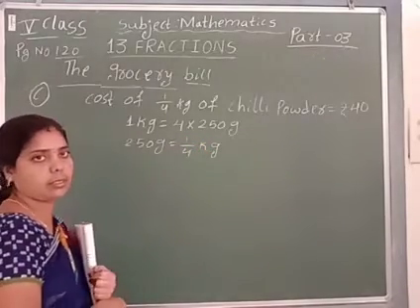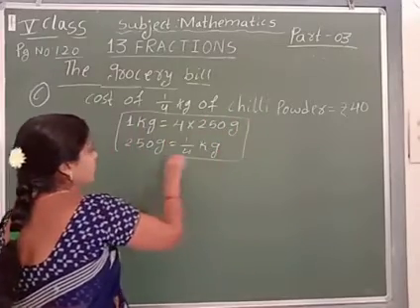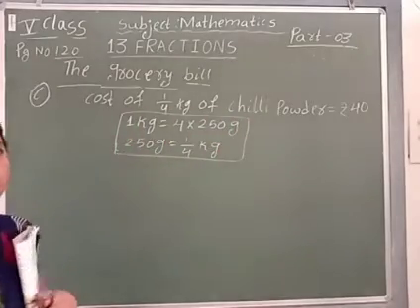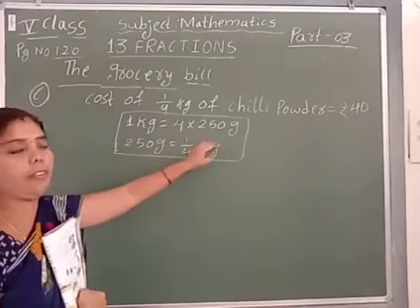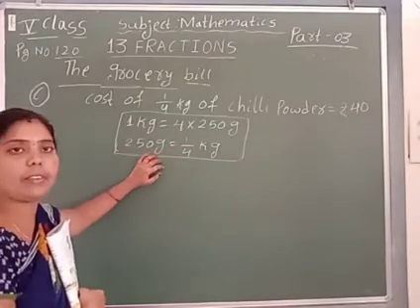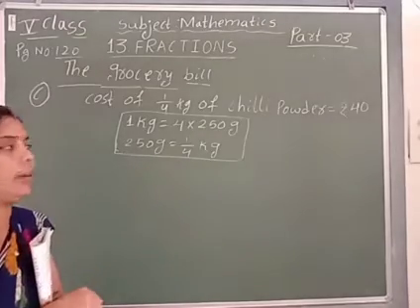Understand? You will learn it now. 1 kg equals 4 into 250 grams. So 250 grams equals 1/4 kg, no? Yes.